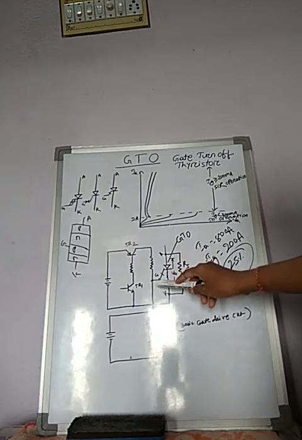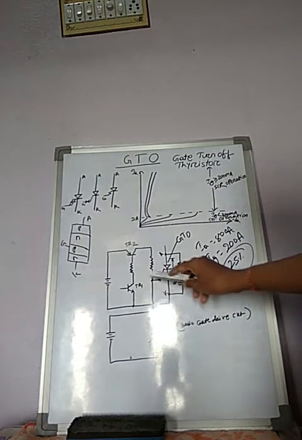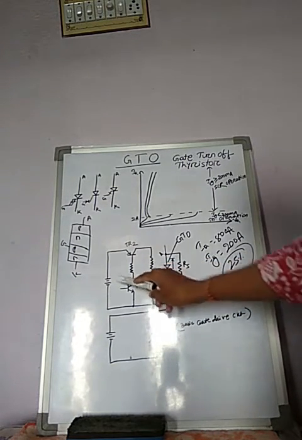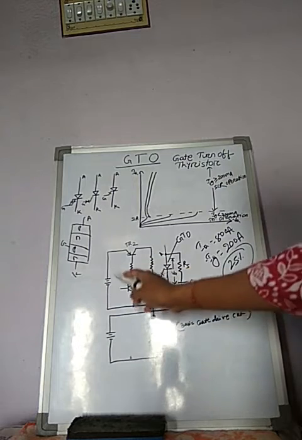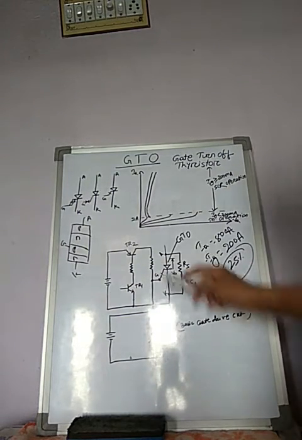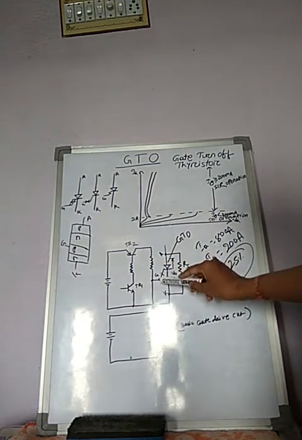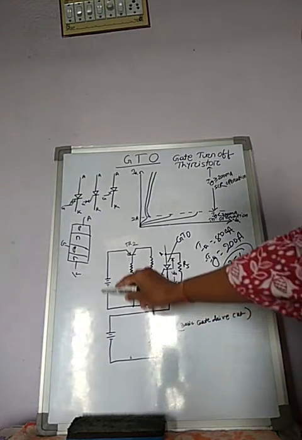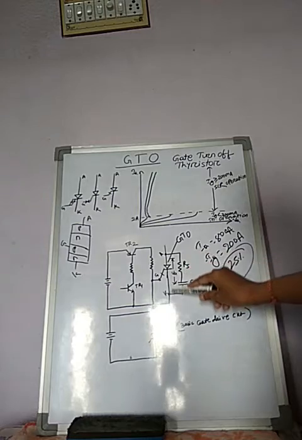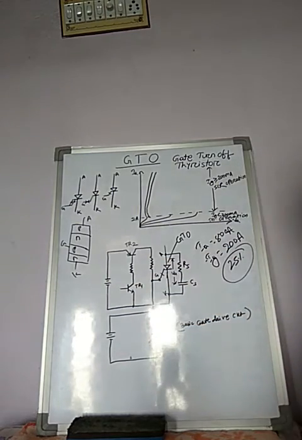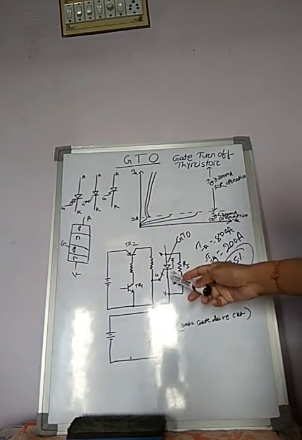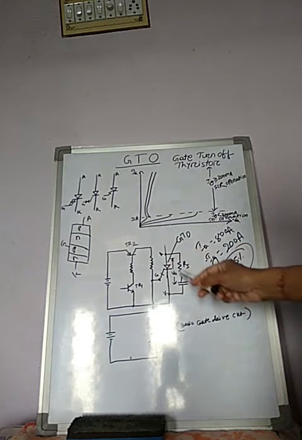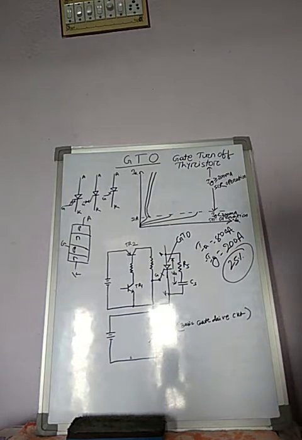Taking this path, the current reaches the gate. The gate is connected to the positive terminal of the supply, which means the gate signal is now positive. So a positive gate current will flow through this complete path. When a positive gate signal is given to this GTO device, the GTO is turned on.